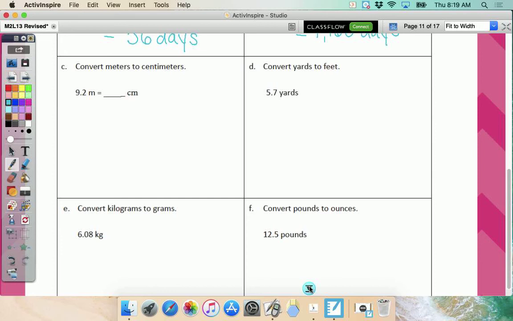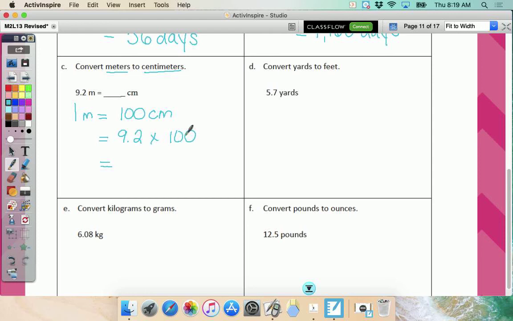So this is, what am I converting? Meters to centimeters, okay? So, what would 1 unit be? 1 meter equals, very good. Then, ooh, I love the metric system, don't you?